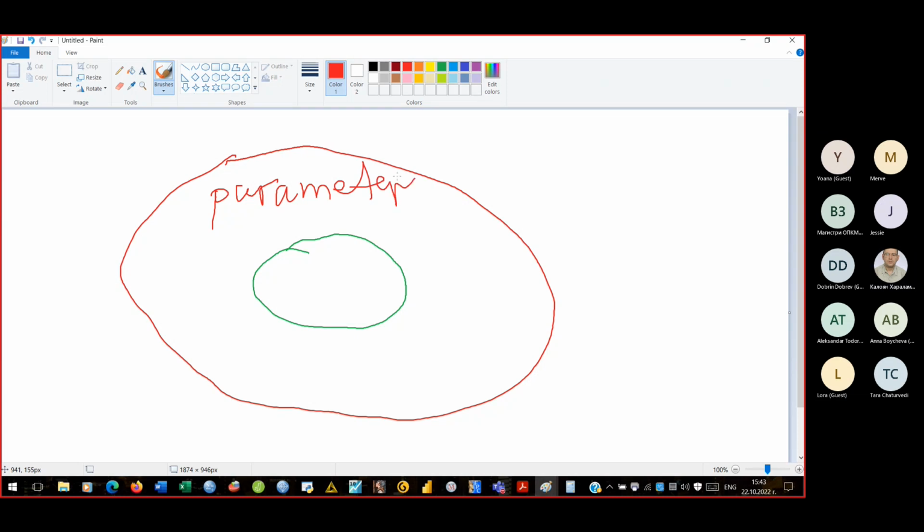But these parameters are unknown because we can't study the entire population, because this study will be or could be very expensive and very time consuming.